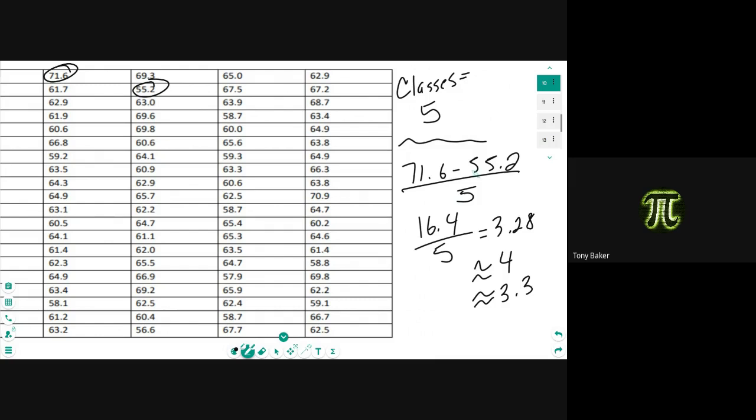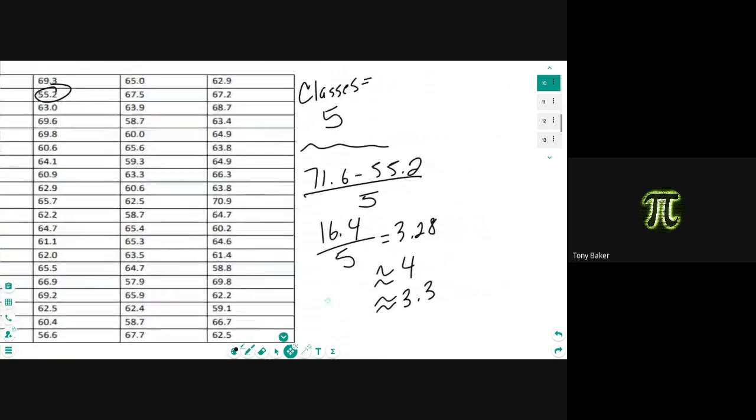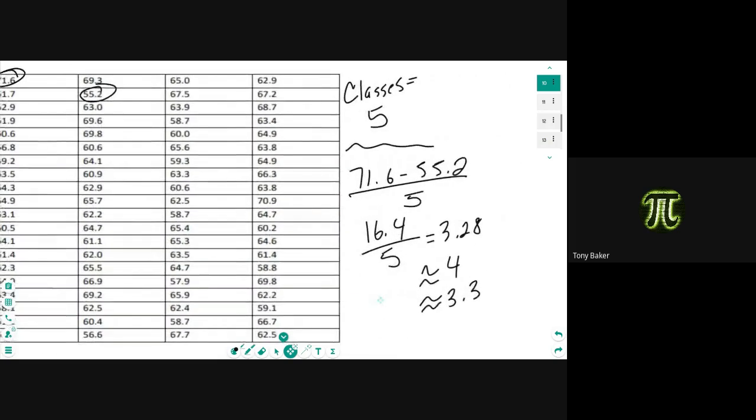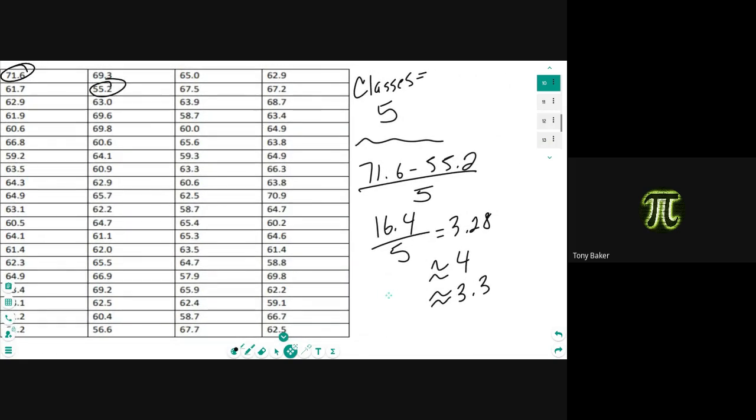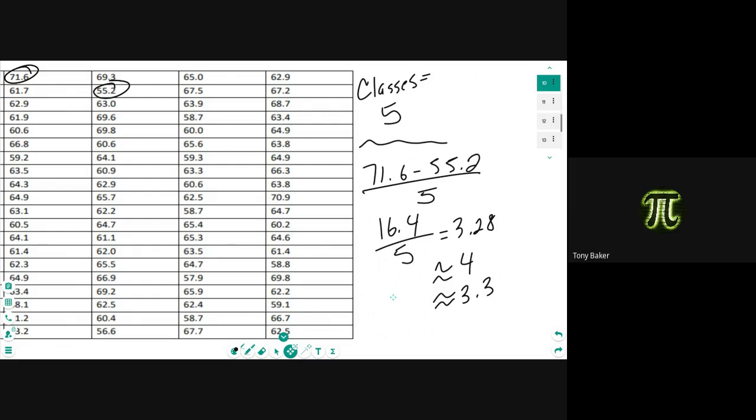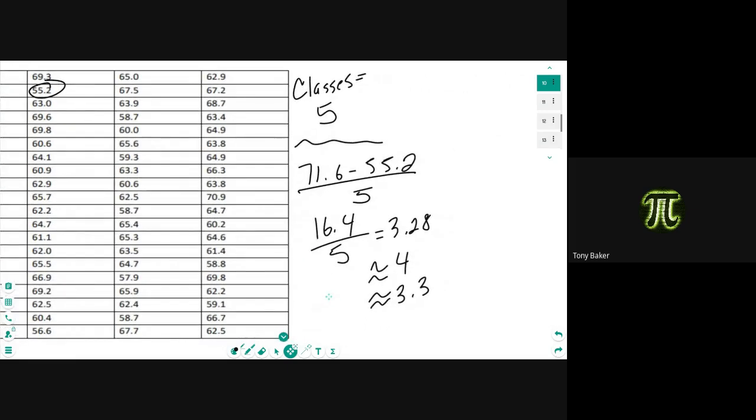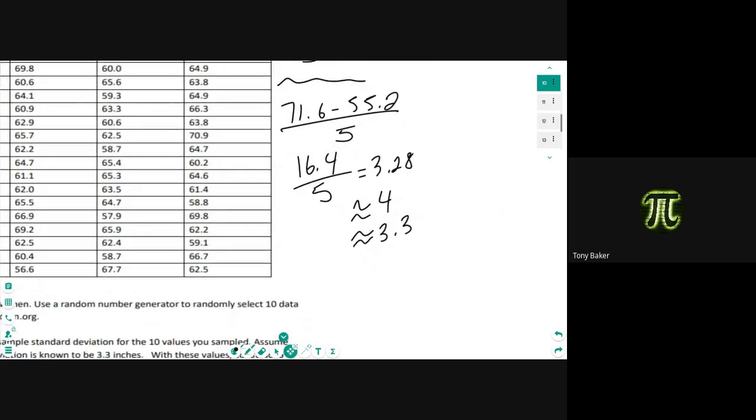So in this situation, let's actually do the 3.3 just because I want you to see the decimals. So where do you want to start? We got 55.2. Depending on the number you choose, it depends on how you want to start. Let's say we chose the 4. I don't want to start at 55.2 because then I have decimals.